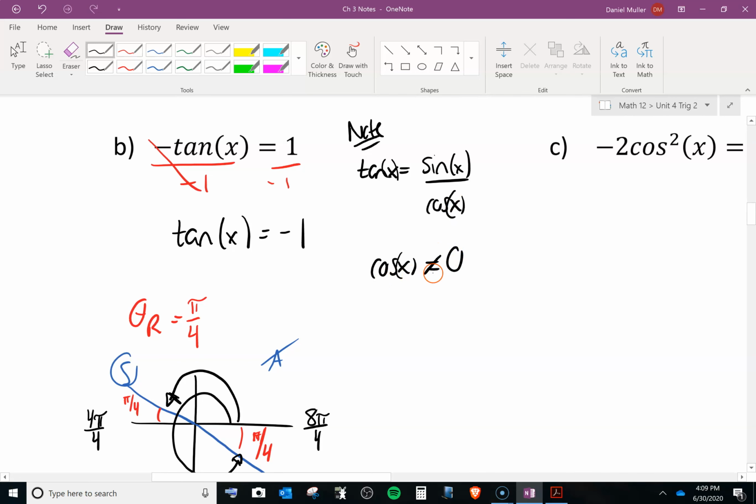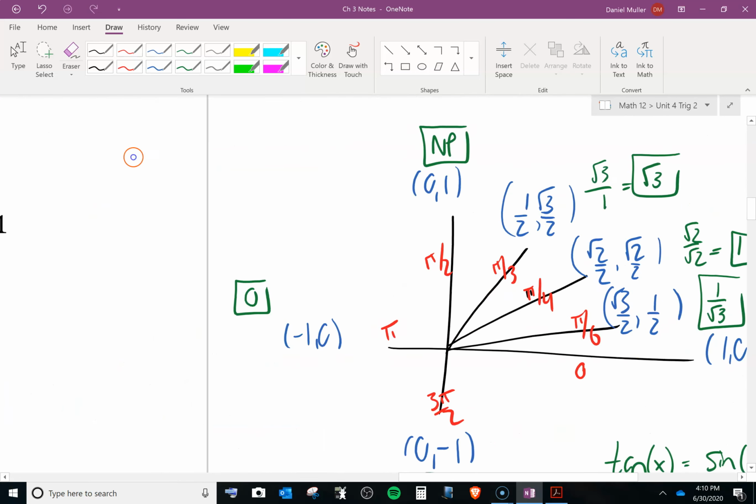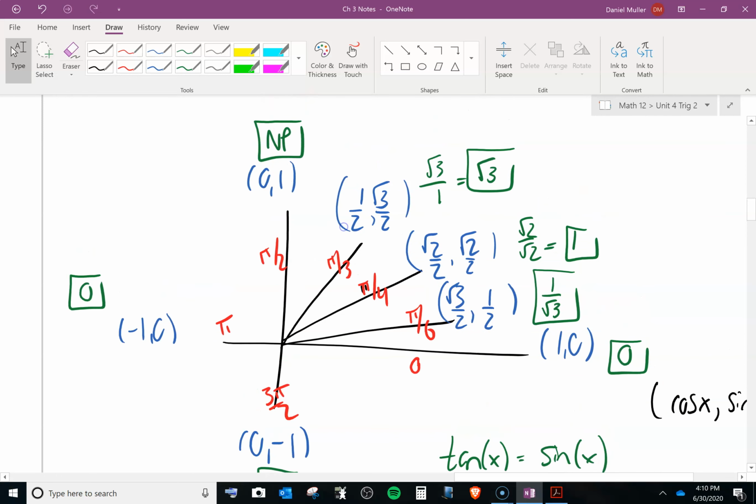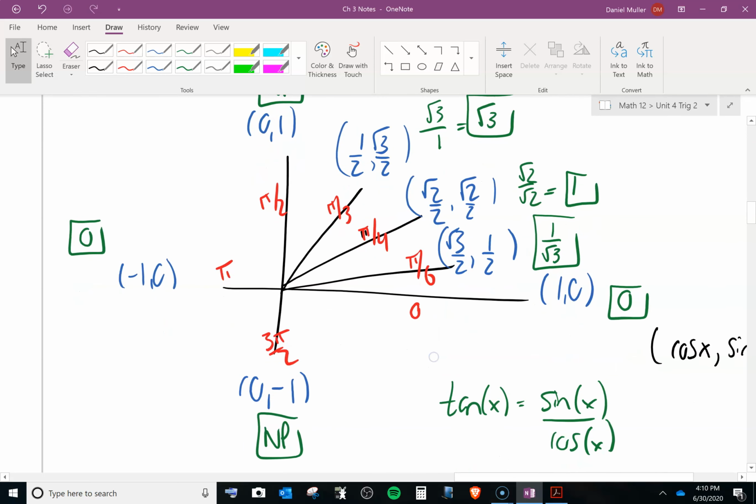So cos of x is not allowed to be 0. So if you look up here, and cosine is on the left, when does cosine 0? 0 right here, at pi over 2, and right here, at 3 pi over 2.